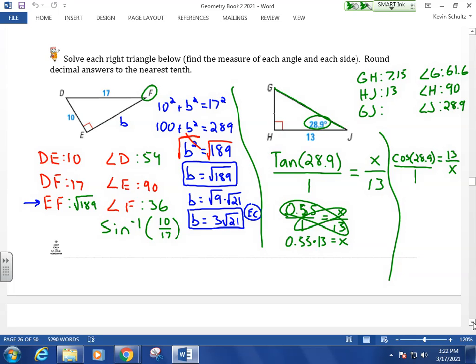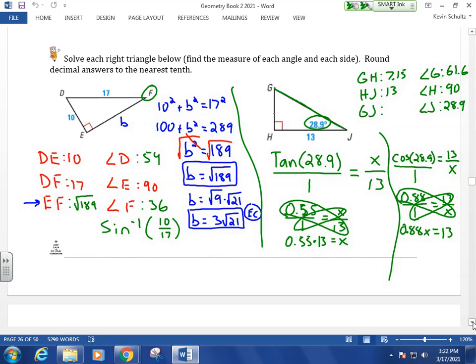So cosine of 28.9 is 0.88 when we round. So 0.88 over 1 equals 13 over x. Because x is in our denominator, we're going to have a little bit extra work. Here's one extra step. 0.88x equals 1 times 13, which is 13.